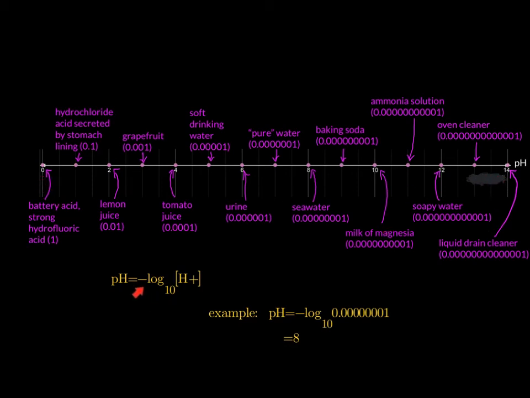So normally it would be the opposite, but they took the negative log just to keep the numbers positive. So battery acid you have right here, and then you've got your hydrochloric acid and your lemon juice, your grapefruit, and everything is nice in line and evenly spaced out here, and you can see everything.